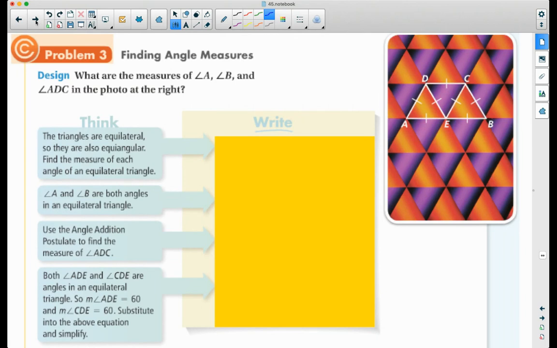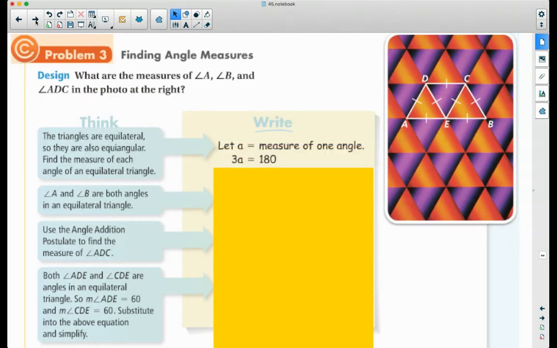This time, instead of being isosceles triangles, notice all these triangles are now equilateral. Problem 3: What are the measures of angle A, angle B, and angle ADC in the photo at the right?